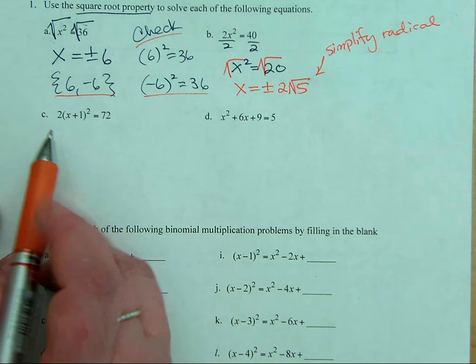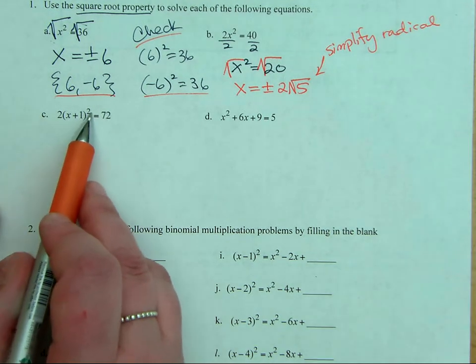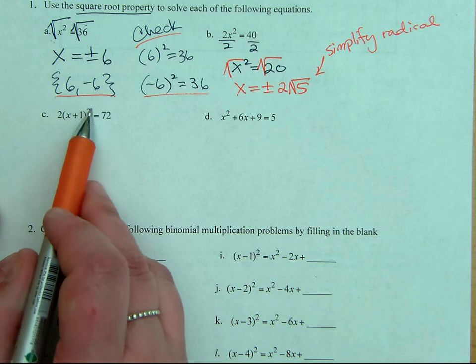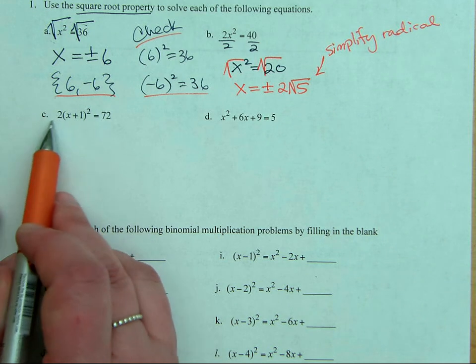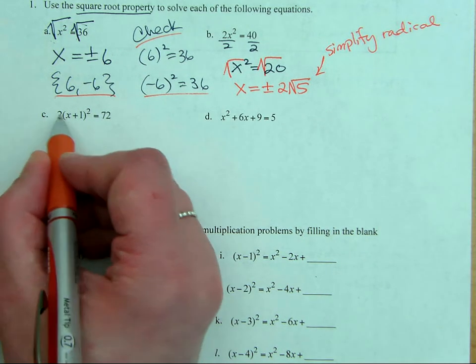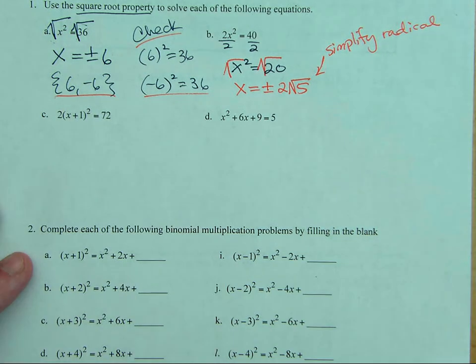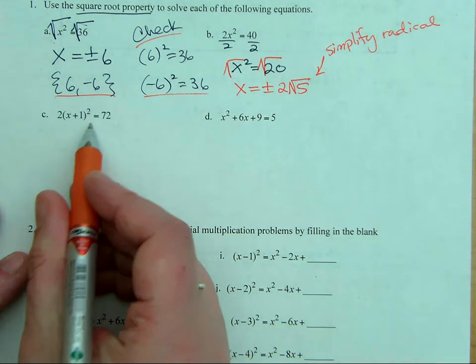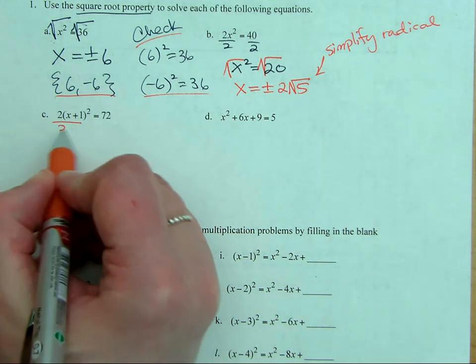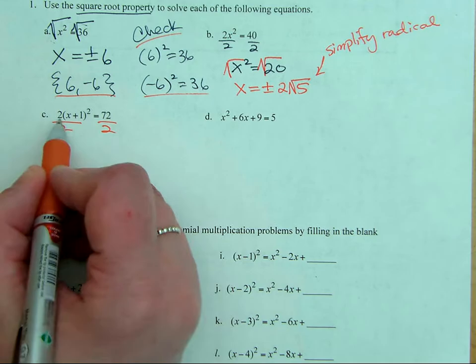Okay. Here again, if I want to get the square by itself, I could get rid of the 2. I cannot distribute the 2, by the way. That's because you have a square. I would have to FOIL it out and then distribute the 2. But if I'm going to use the square root method, I'm going to get rid of the 2 by dividing it out because it's multiplied here.